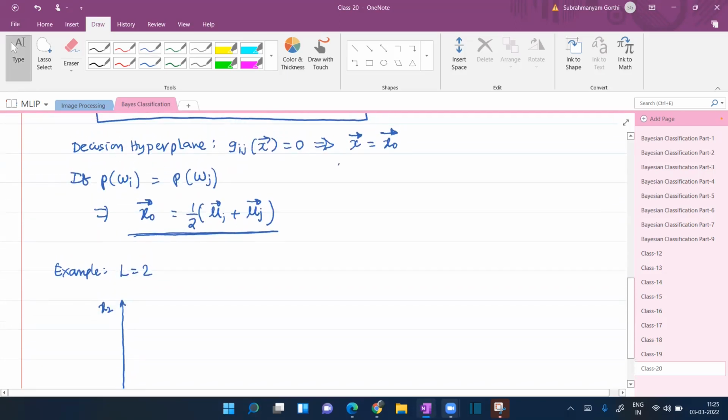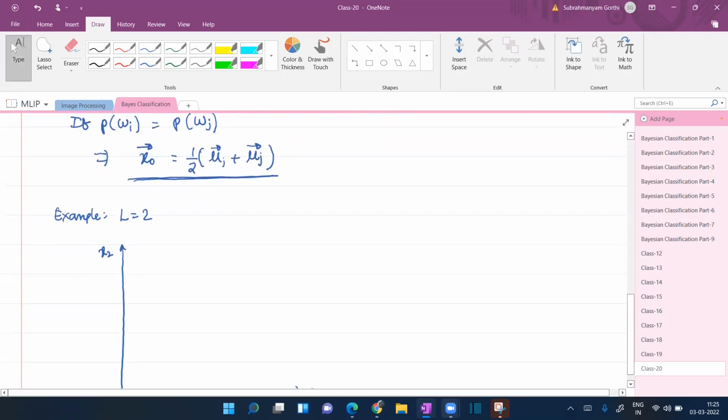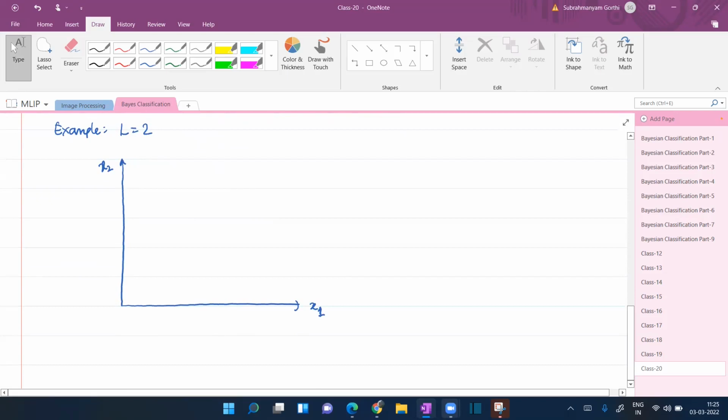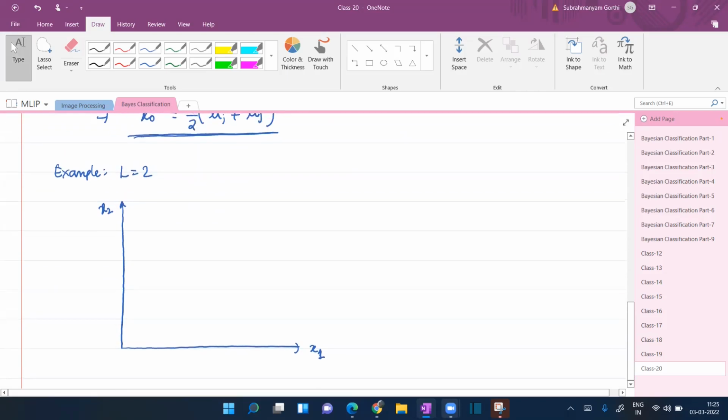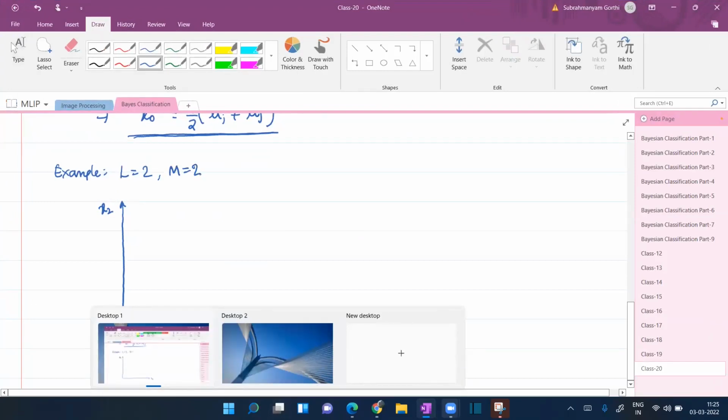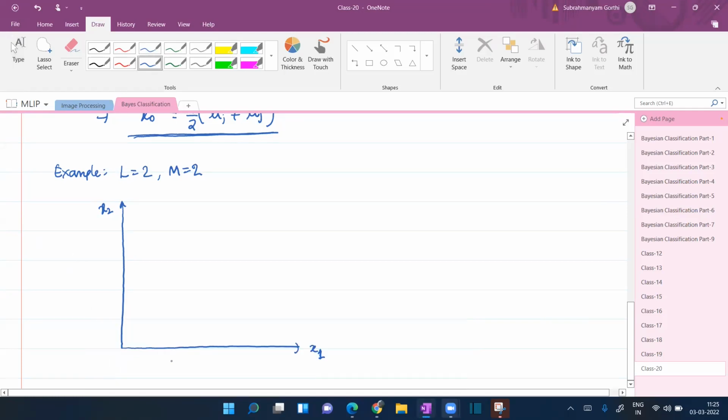See, x naught bar is again a function of x1 and x2. Now, if L equals 2, my x bar, everything is a function of x1 and x2, is it not? Now, let us consider L equal to 2 and also a two class problem, so M is equal to 2 also. That's what we are considering here. Now, let's say for the first class, I have my vector of mu, what should I call?